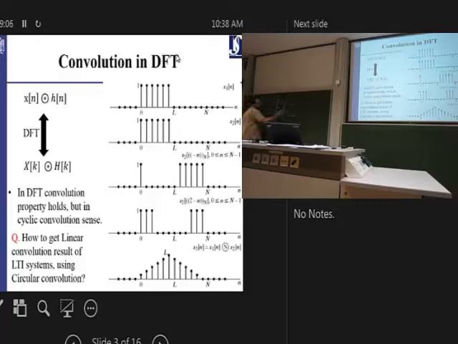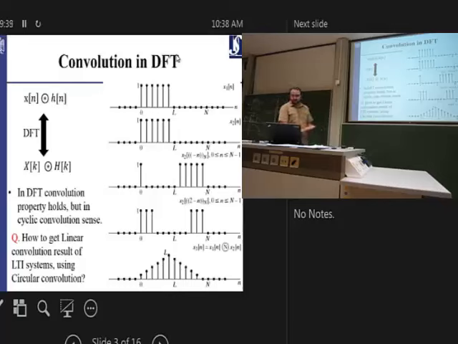Then it's again coming inside, so you have this and this, overlapping from here and here, and pushing forward. But what you're looking at is just inside the window. The only part that you look at for the circular convolution is this window. But you should look at the h of n and the main signal as periodic signals. That's quite different.